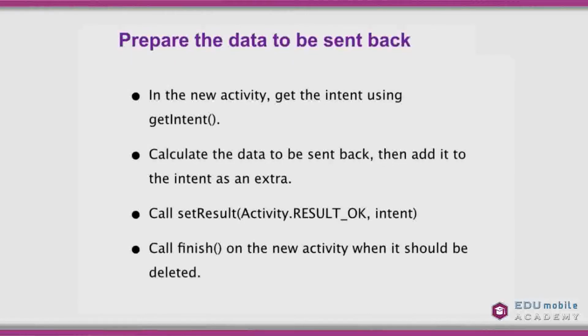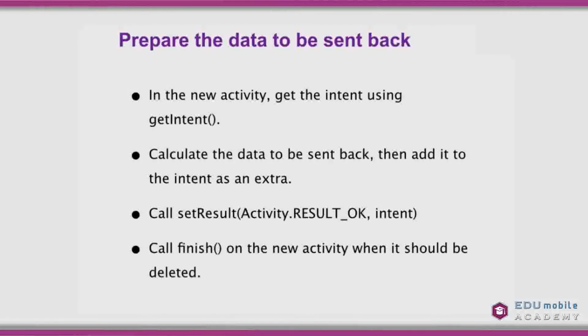So in the new activity, we get that very same intent using getIntent, just like we did before. And then we do whatever we need to do to get the new data to be sent back, and we add it to that intent as an extra. So we are using the same intent both inbound to the new activity and outbound back to the old activity.